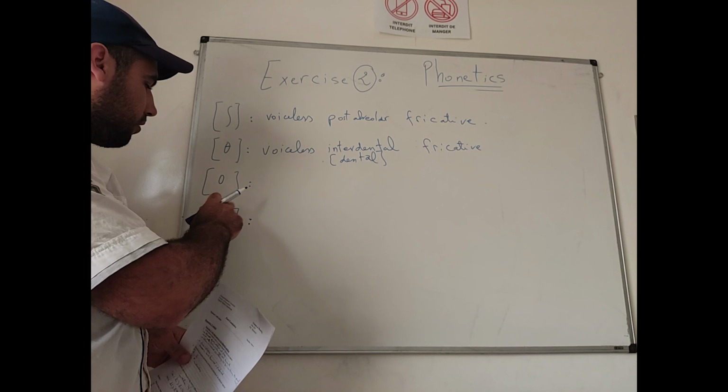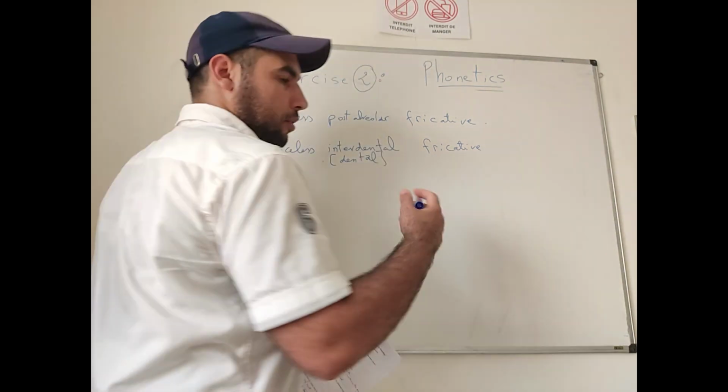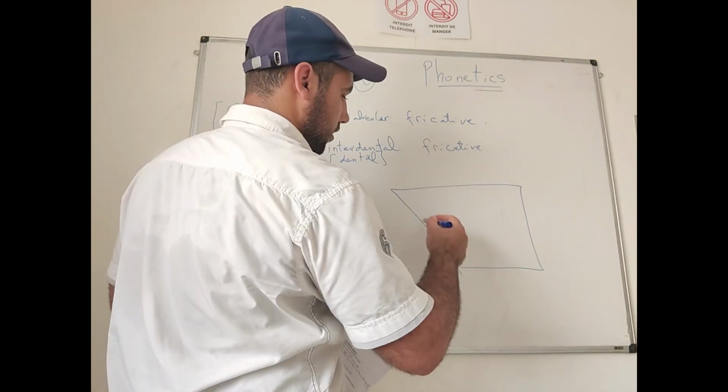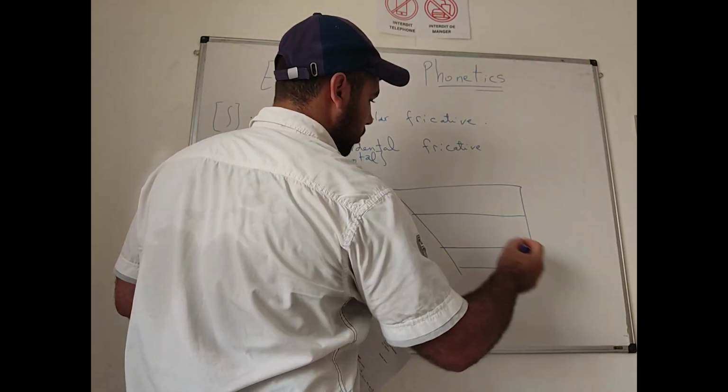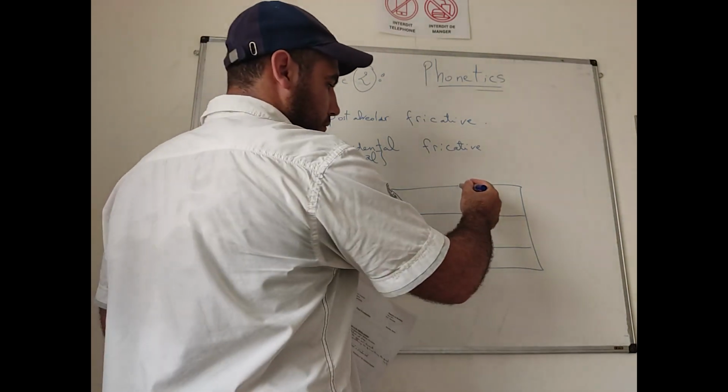So we have the O sound and the A sound. Like for example, you should have the diagram of the vowel chart in your mind. It is like this. Whenever you are asked to define the vowels, you should draw a diagram of it.